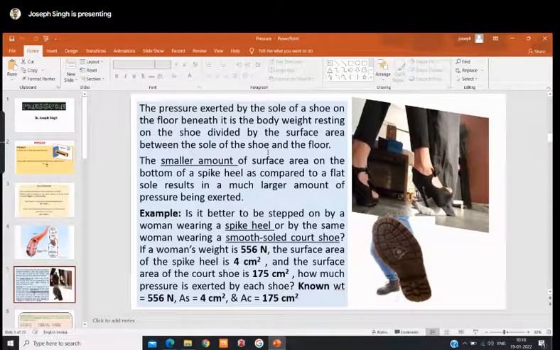Tell me, in which example will you get more hurt? Shoes or sandal, you will get more injury? The sandal, why?